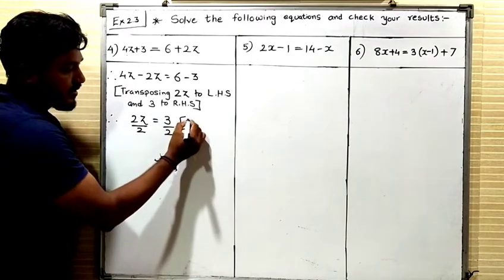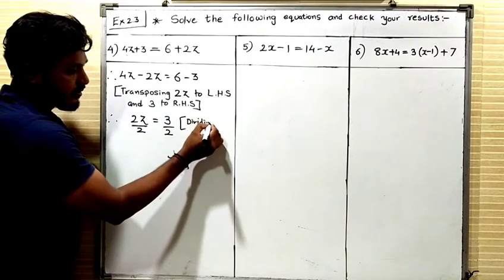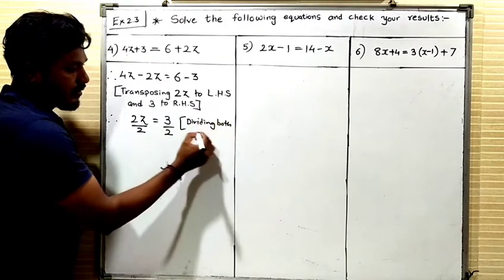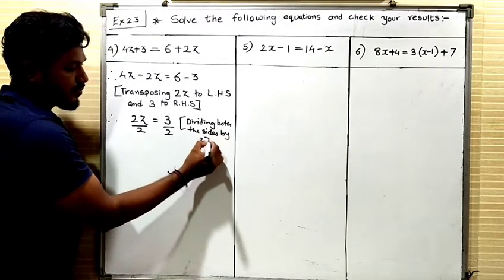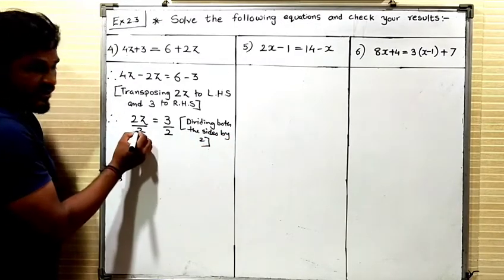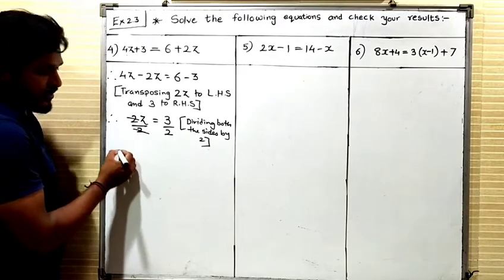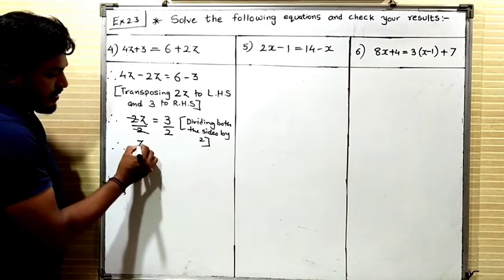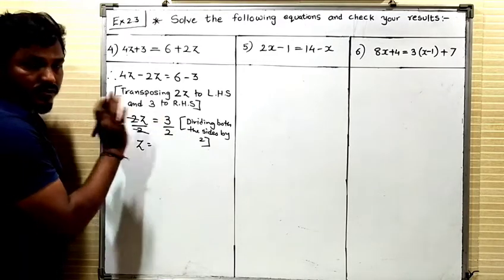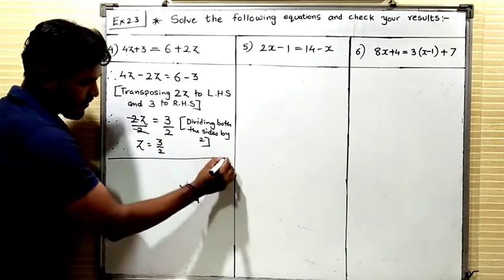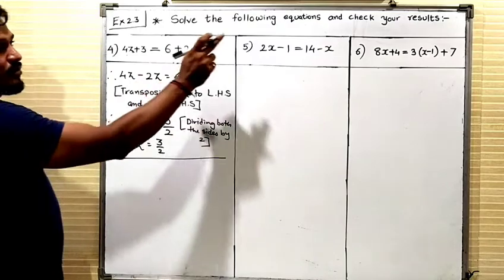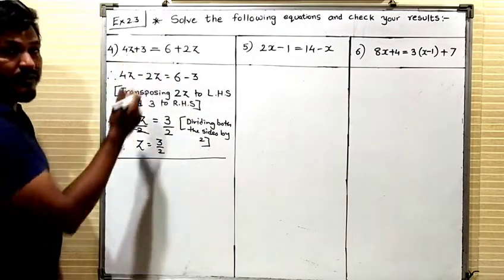Now write down the statement: dividing both the sides by 2. Now by doing such, 2 and 2 will get cancelled. Here dear student, cancellation is not possible, so write down as it is, 3 by 2. Dear student, you need to check both the sides whether they are equal or not.